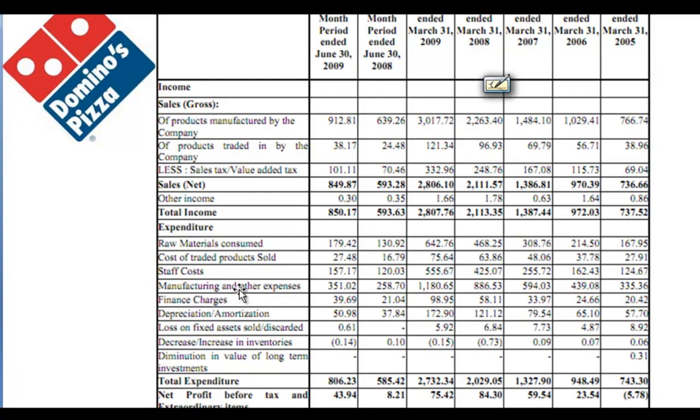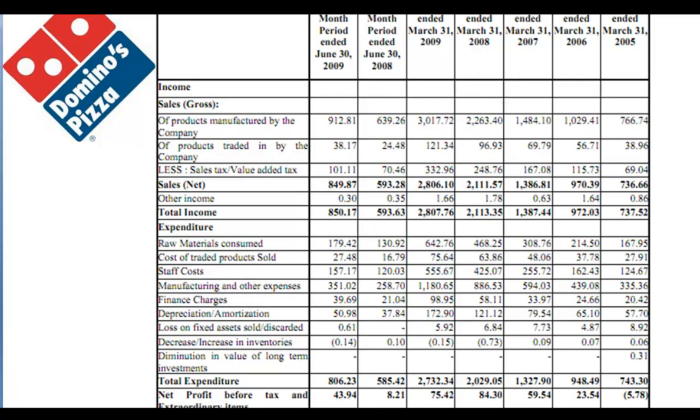So they will not break down their marketing expense. What they would rather do, I don't know where, is probably include it in this whole other expenses. It says manufacturing and other expenses. A good chunk of that is probably their marketing expense. So now you see how this whole thing differs from the simple income statement we build out here.